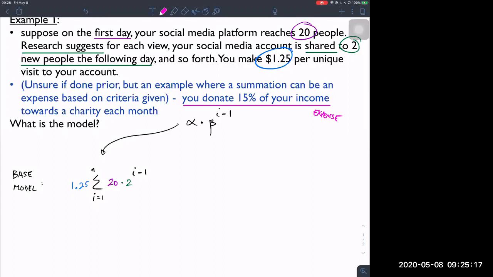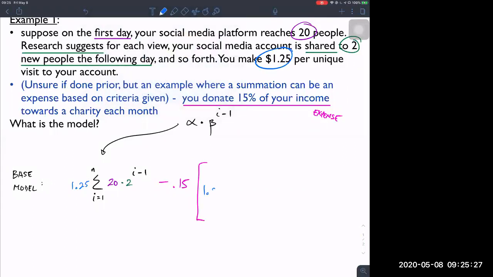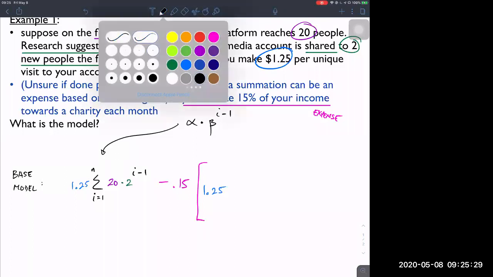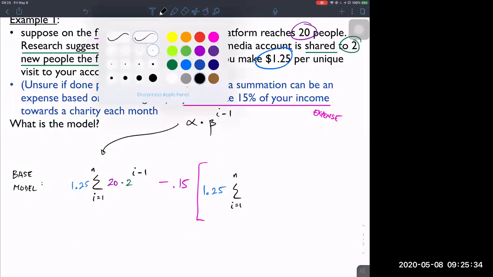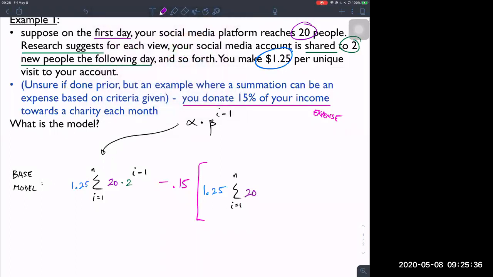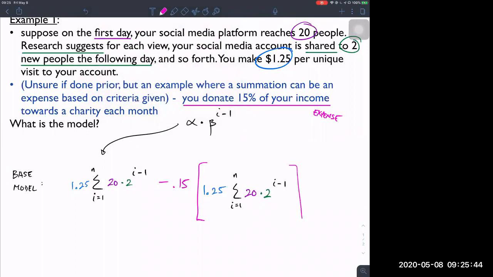So what do you do? You subtract 0.15 and then you rewrite the entire summation. That's all, which would be $1.25, sigma notation, the numbers involved, and then you just close this bracket.